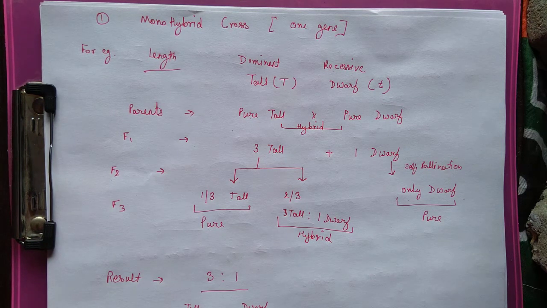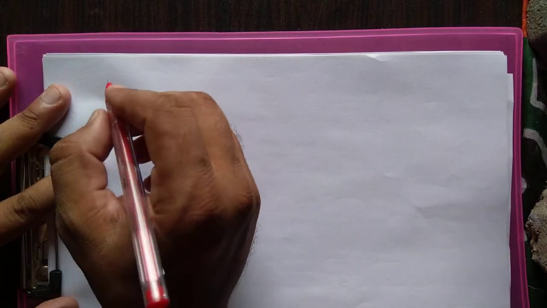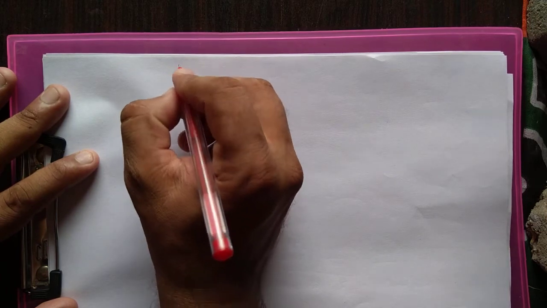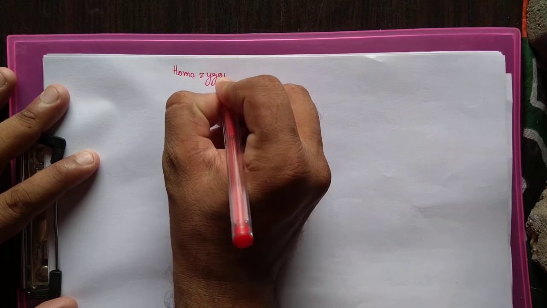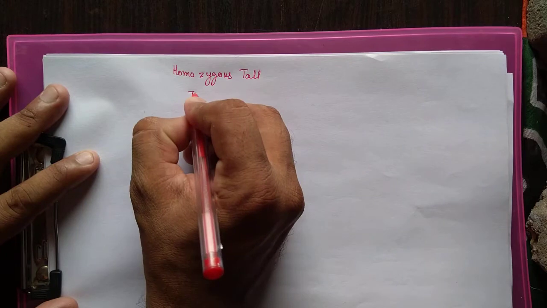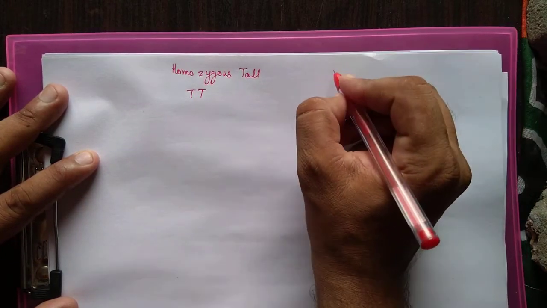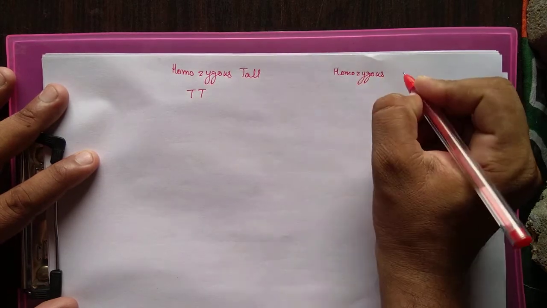If you take it mathematically, we will discuss it later, the result is the same. If you are taking its presentation, we are selecting homozygous tall. Homozygous means we have the same allele. And homozygous dwarf.